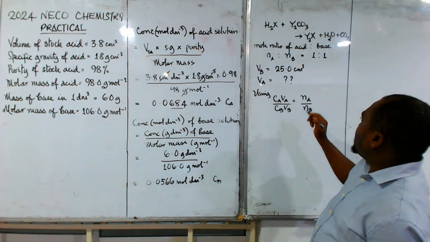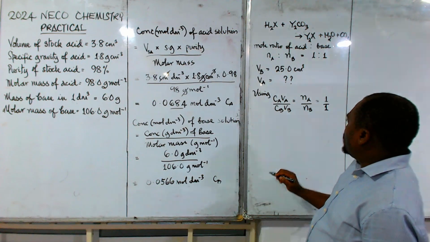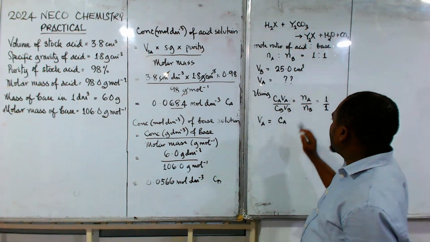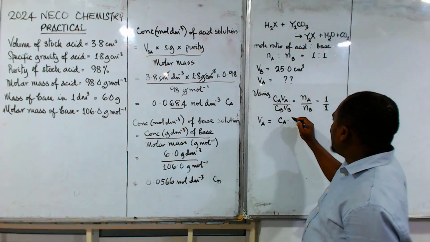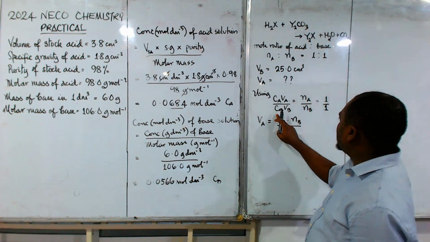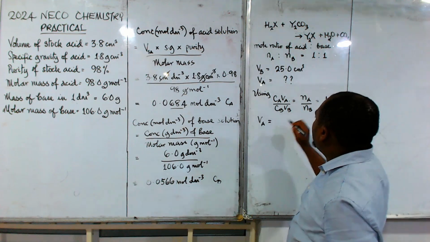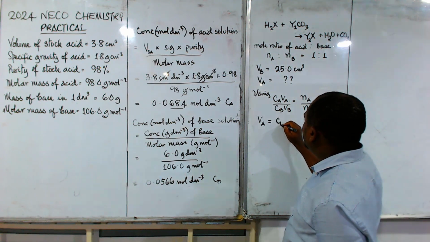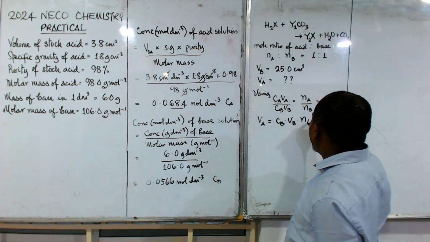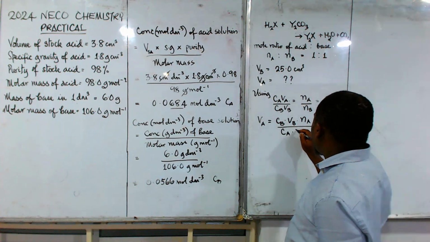So we are looking for Va. So our Va will be Cb Vb times Na, all over Ca times Nb.